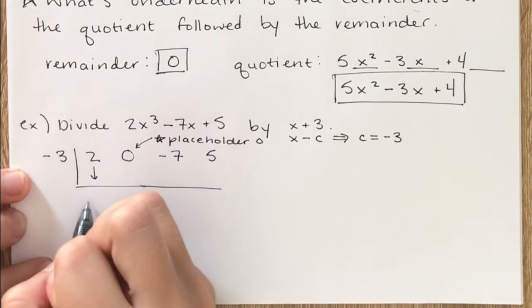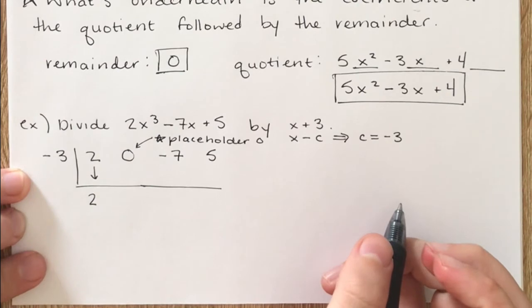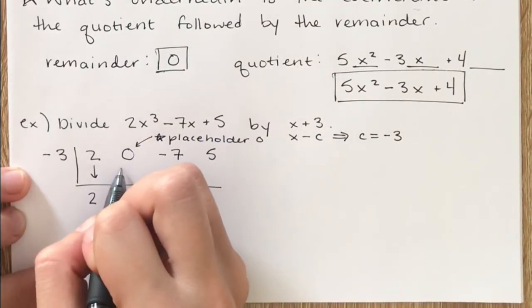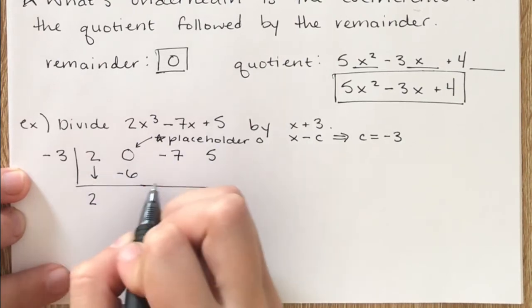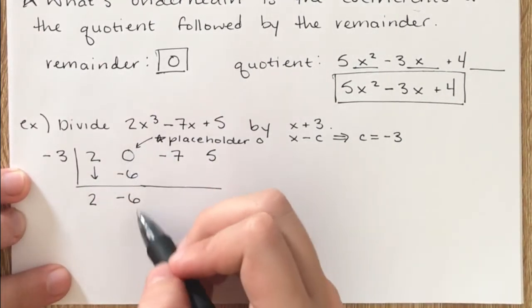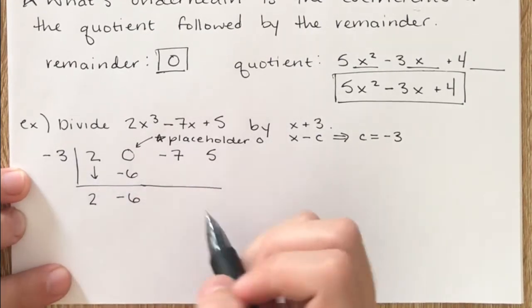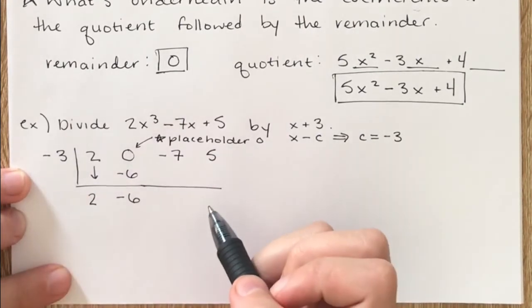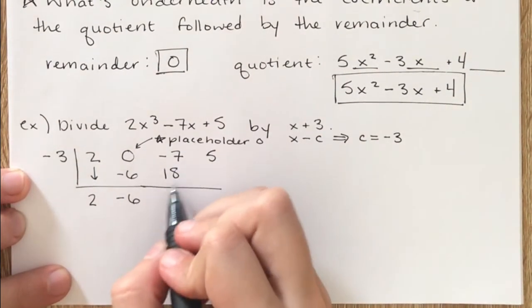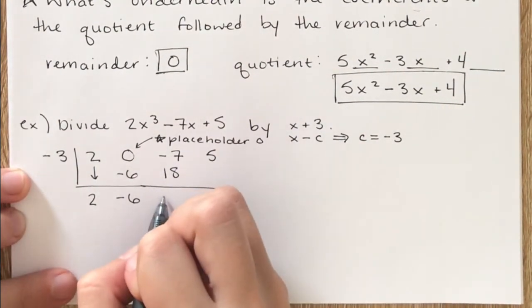Okay, so we bring down our leading coefficient first of all. That's 2. We have 2 times -3, which gives us -6. We add up: -6 plus 0 is -6. We multiply by our c value, we get +18. -7 plus 18 is 11.